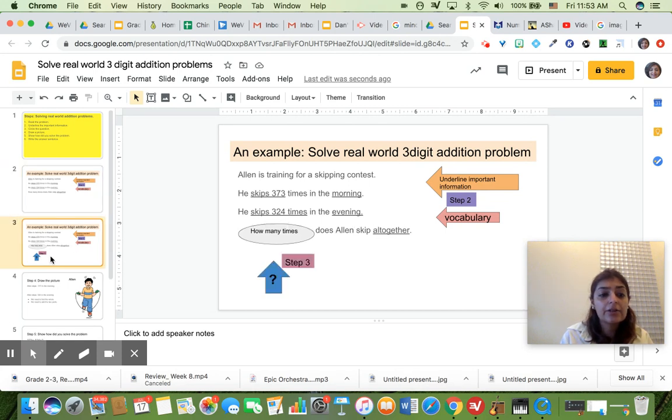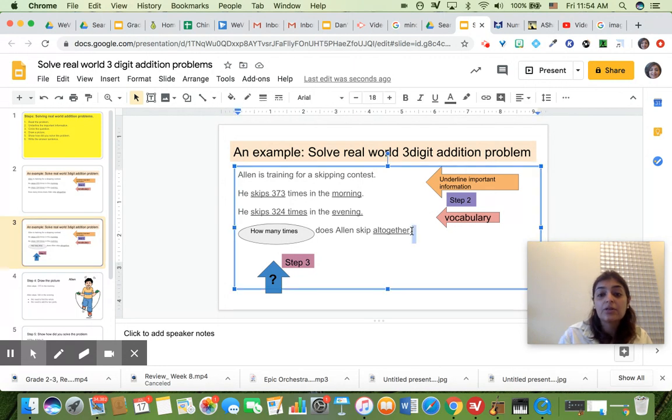And the third step is that we need to circle the question. I have circled the question, how many times does Alan skip altogether? Since this is the question, I need to find out the number of times he skipped.